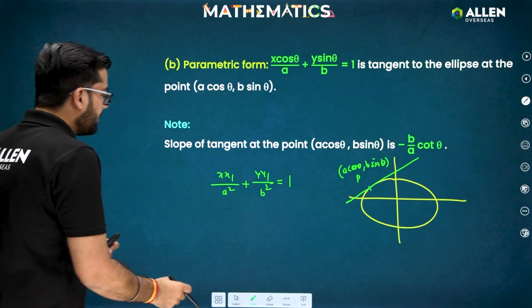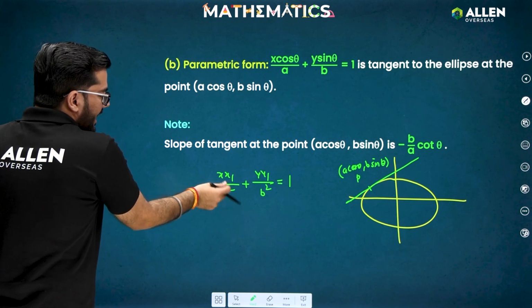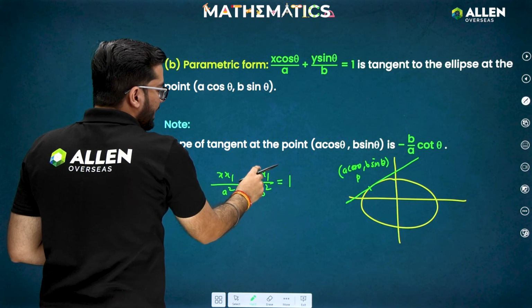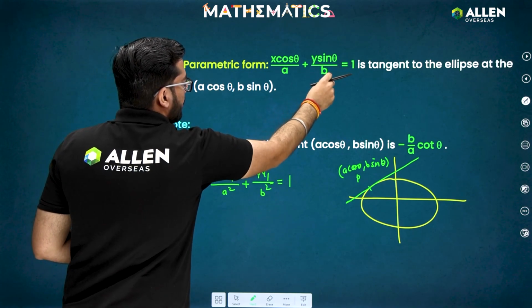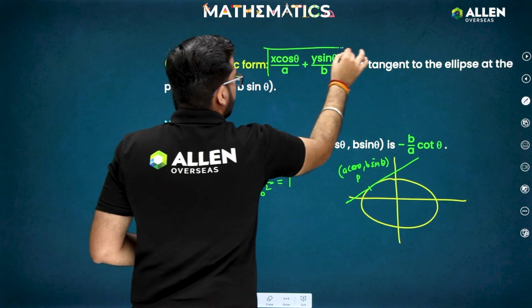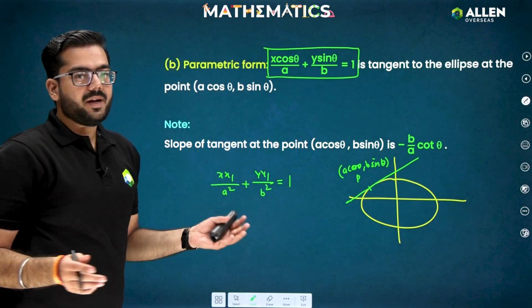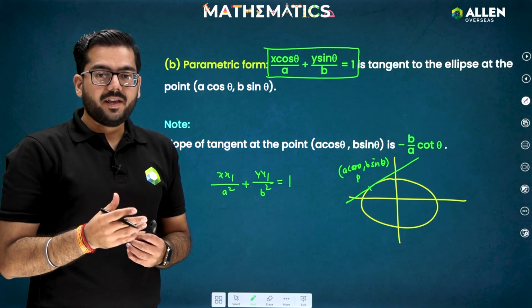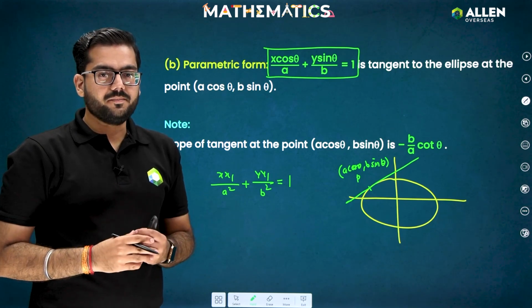So after this, a will get cancelled, then you will get only x cos theta upon a. Similarly, b will get cancelled, you will get y sin theta upon b is equal to 1, which is your equation of tangent in parametric form. Quite easy to derive as well as to remember.